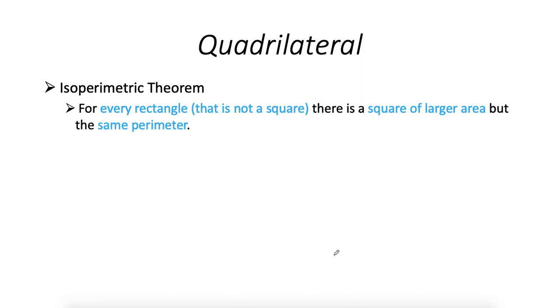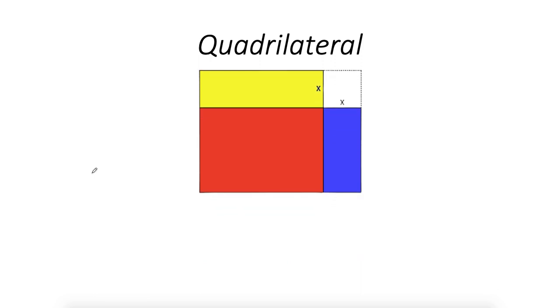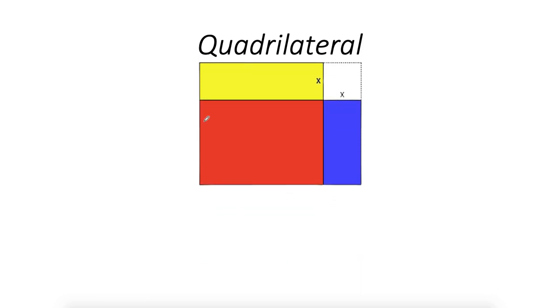Now the next very interesting property, and you can call this a theorem: for every rectangle that is not a square, there is a square of larger area but with the same perimeter. To understand this, consider this as a square, so let's consider this length as y and this length as y, because this is a square. So this is x and this is x.